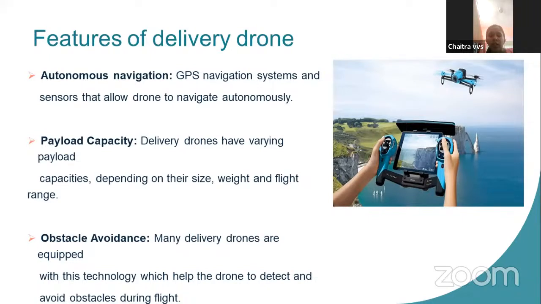And these delivery drones have payload capacity, which carries the food containers or packages depending on their size, weight, and flight range. Obstacle avoidance technology is adapted to delivery drones, such as sonar, lidar, or infrared sensors, which will help them to detect and avoid obstacles during the flight path.